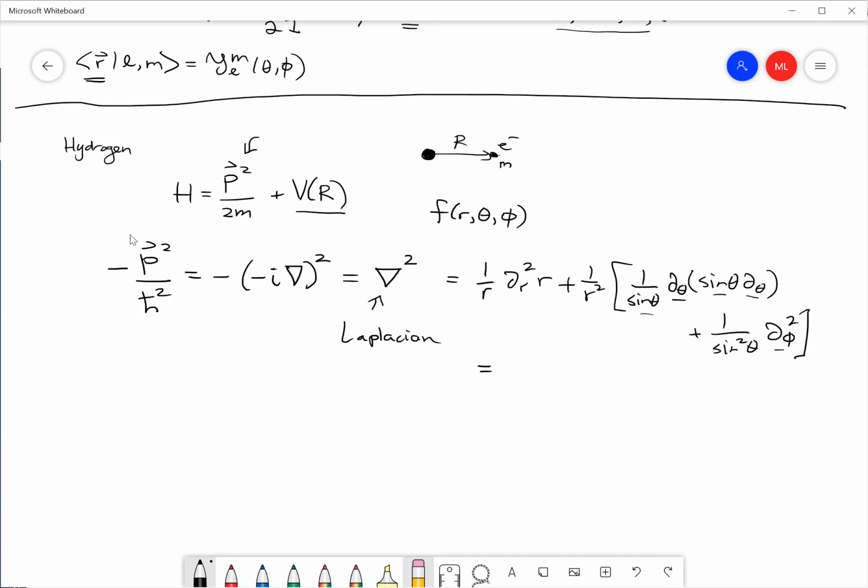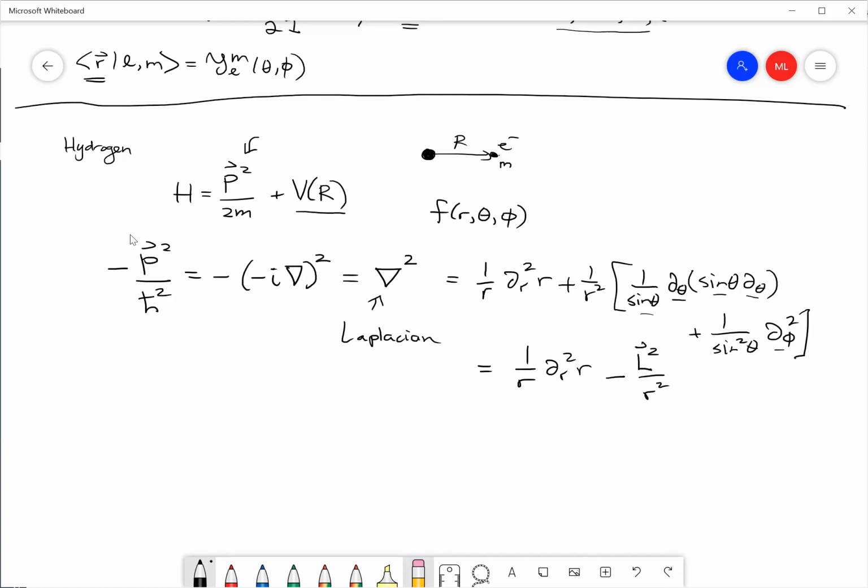And what this is, it's nothing but 1 over r dr squared r. There's just a radial piece, and the rest of this is minus L squared over r squared. If you go back and look at your notes from the first semester on angular momentum, this is just the position space representation of the L squared operator.